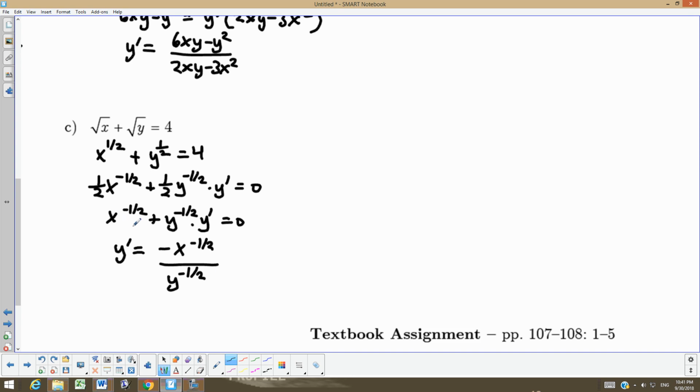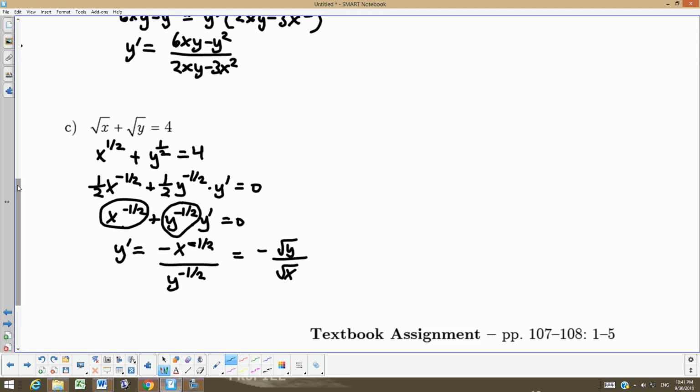Okay, so that's just moving this term over to the other side, subtracting that from each side, and then dividing by this term in order to isolate y prime. I can clean this up a little bit, so it'll be negative root y over root x, right? Since the negative exponent moves those terms to the other level.